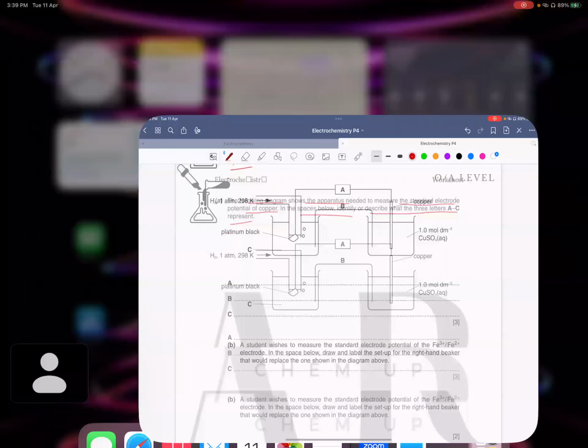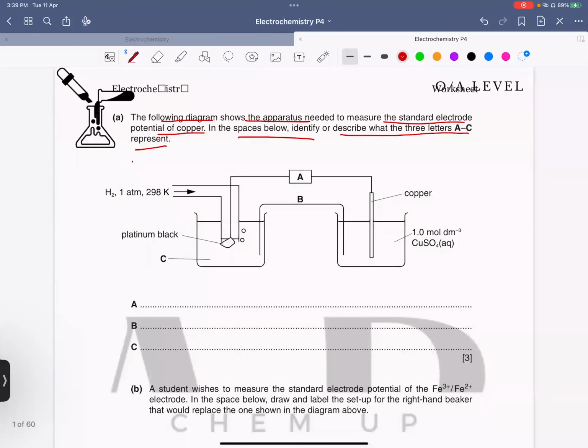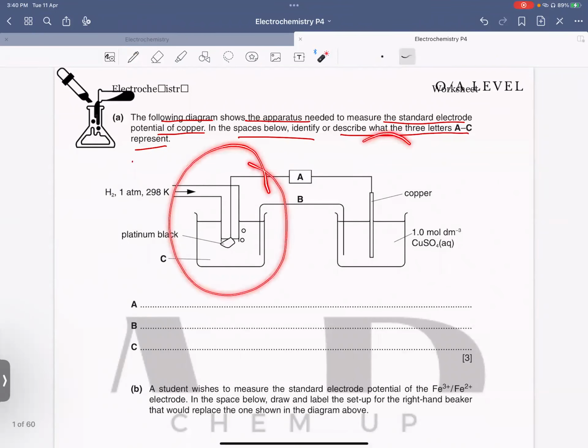So here we go. This is a diagram. And remember, in these diagrams you are always observing two half cells like this: this is one half cell and there is another half cell.